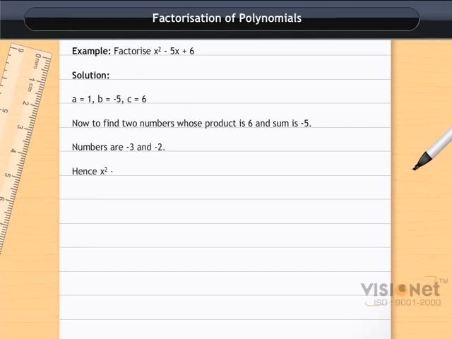Hence x square minus 5x plus 6 is equal to x square minus 3x minus 2x plus 6, is equal to x into x minus 3 minus 2 into x minus 3. Hence x square minus 5x plus 6 is equal to x minus 3 into x minus 2.